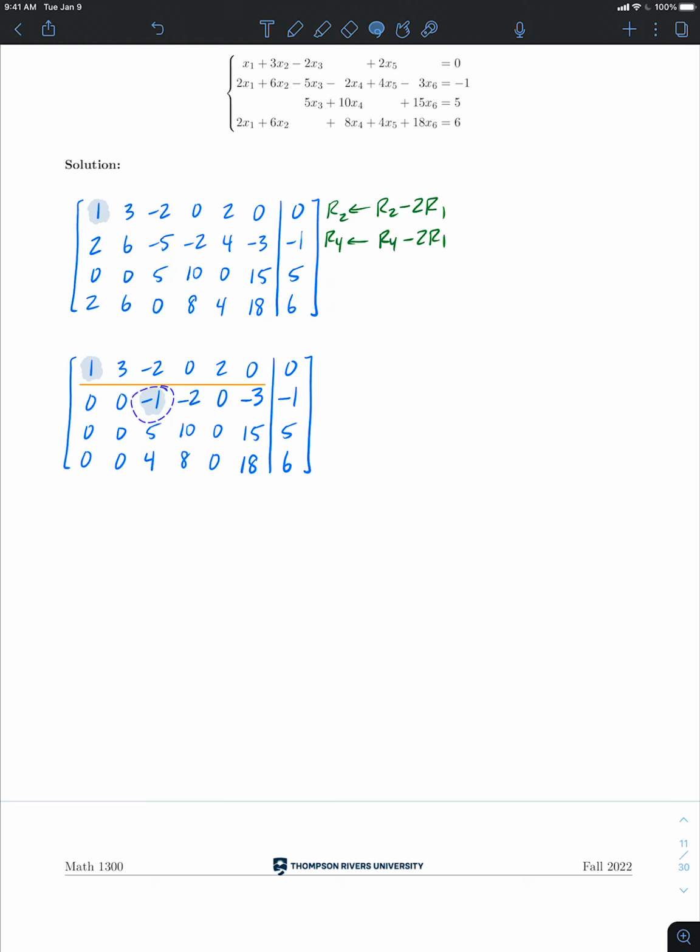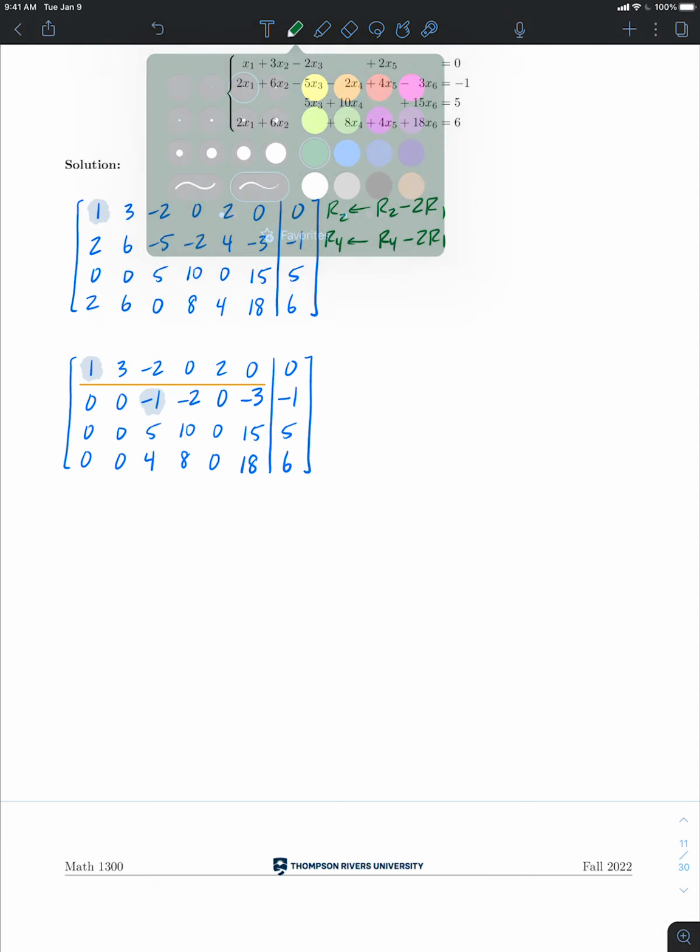So in this case, since our pivot position contains a -1, we're going to add row 2 to row 3, but we'll do it 5 times. And that's going to have the effect of turning that 5 into a 0. And then we can add row 2 to row 4, 4 times, and that's going to have the effect of turning that 4 into a 0.